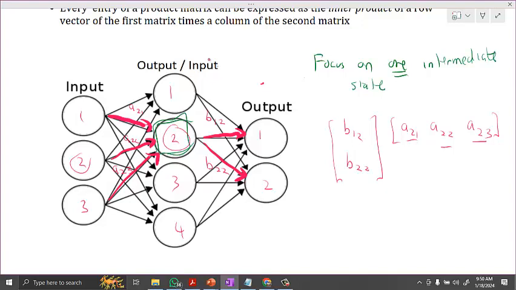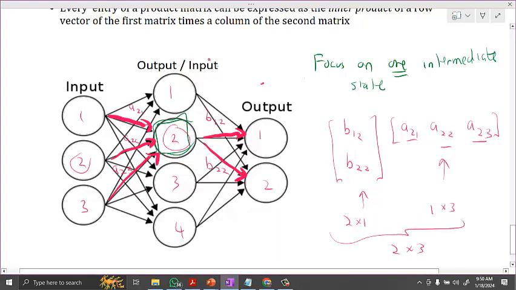Now I can actually multiply this column vector times this row vector. But it doesn't give me a number, it gives me a matrix. This is 2 by 1, this is 1 by 3. So the result is 2 by 3. I get a 2 by 3 matrix.